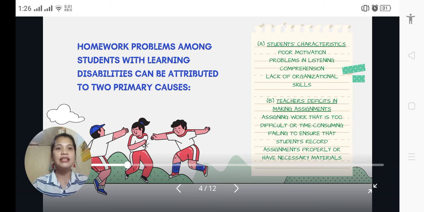The second is teachers' deficits in making assignments. The first is assigning work that is too difficult or time-consuming. The second is failing to ensure that students record assignments properly or have the necessary materials. So teachers should consider that basis.